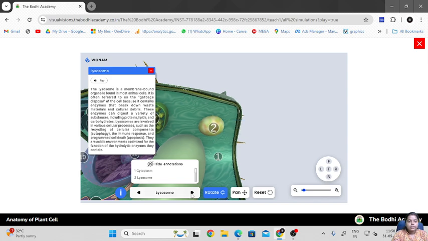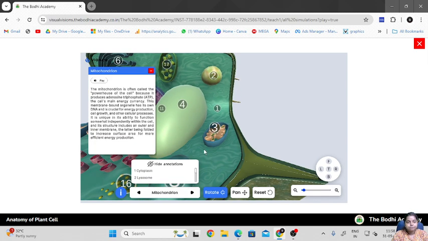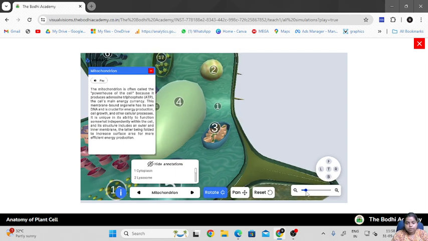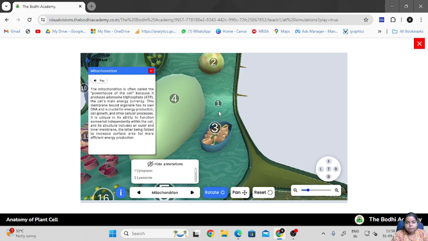So the next we'll see is the mitochondria. Mitochondria is often called the powerhouse of the cell because it produces ATP molecules, which are used by the cell in the form of energy.